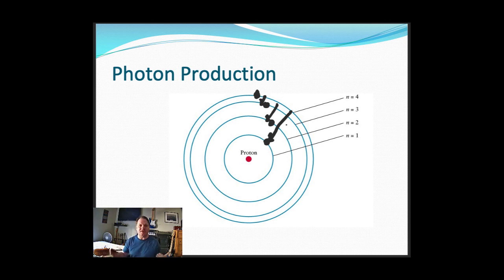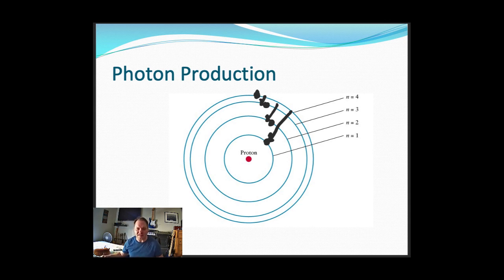When you think about the photons being produced as a function of their energy, the higher the energy jump creates a higher frequency photon. Think about making a wave. If I have a rope attached to the wall there, and I really start shaking that with a lot of energy, the frequency has to go up. If it's a low energy wave, then the frequency is low.